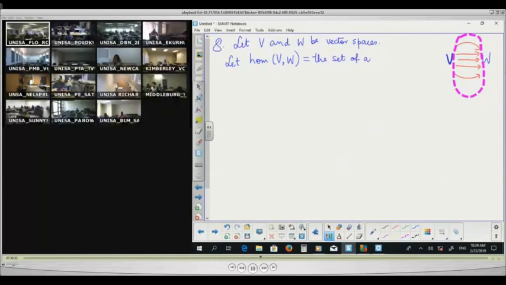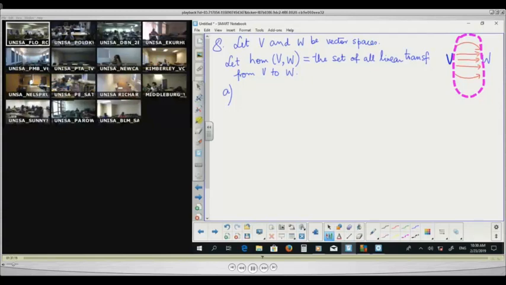So this is the set of all linear transformations from V to W. The question is, this could be empty, this could be non-empty. So, the first one, it is not empty.